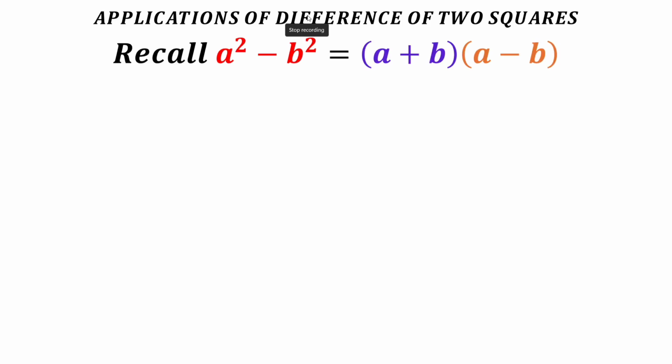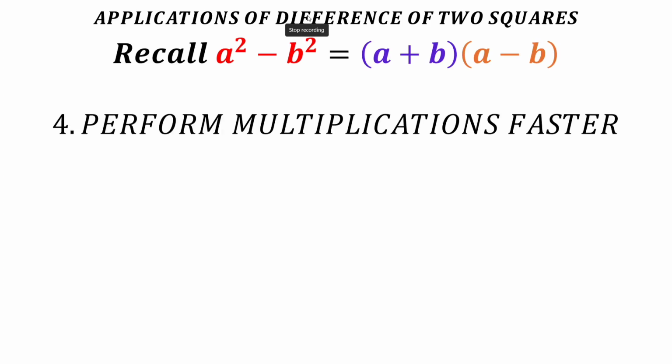Hi everyone. So in today's video, we are going to continue from where we left off in the previous video. We are going to look at the last application of difference of two squares, which is how to perform certain multiplications faster.